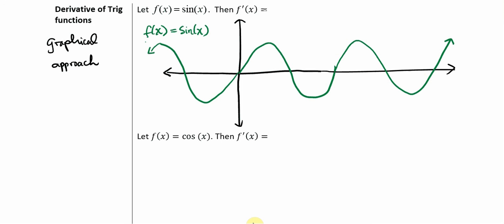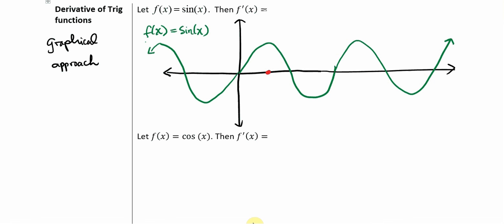So I have the f function graph right here, and now we're going to figure out what the derivative graph looks like. Always start with extremas. Since the slope of f is 0 at the extremas, the y value of f prime must be 0 there.